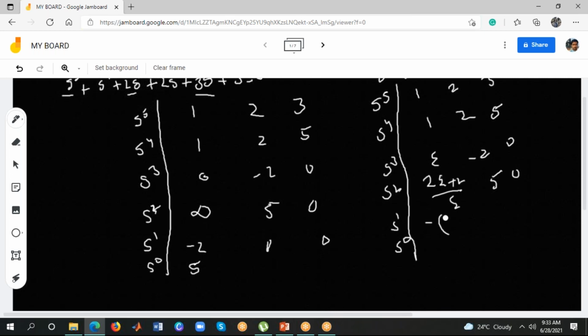So I'm going to write 5 epsilon square plus 4 epsilon plus 4 divided by 2 epsilon plus 2, and the second term is 0, and finally you will get 5.